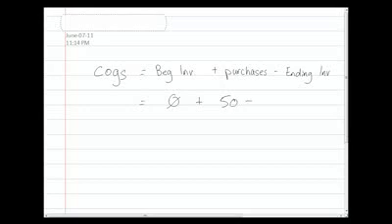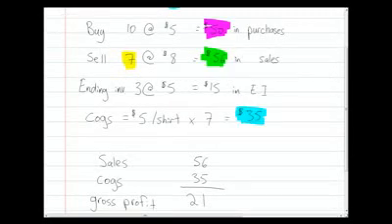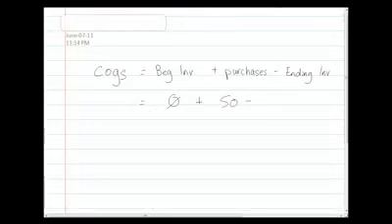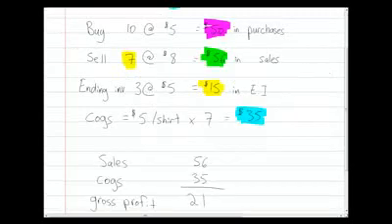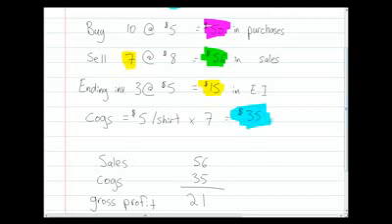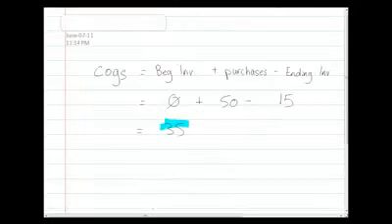Then all we have left to do is subtract our ending inventory, which was the 3 t-shirts that we had left at $5 each, giving us a value of $15. I'm going to plug this into the formula as well. And so we end up with cost of goods sold of $35, which is exactly the same number that we had before, which ties in to this number here as well.